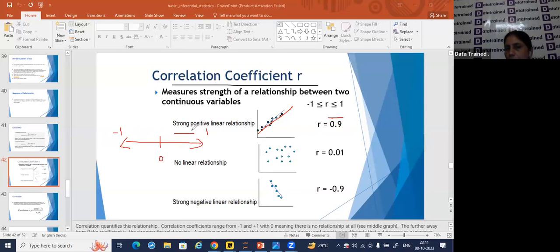Any value moving towards positive one means the relations are very strong between the two variables. If the values are moving towards the minus side, the variables are negatively related with each other. And if the values are around zero, we can say the relations are neutral with each other.